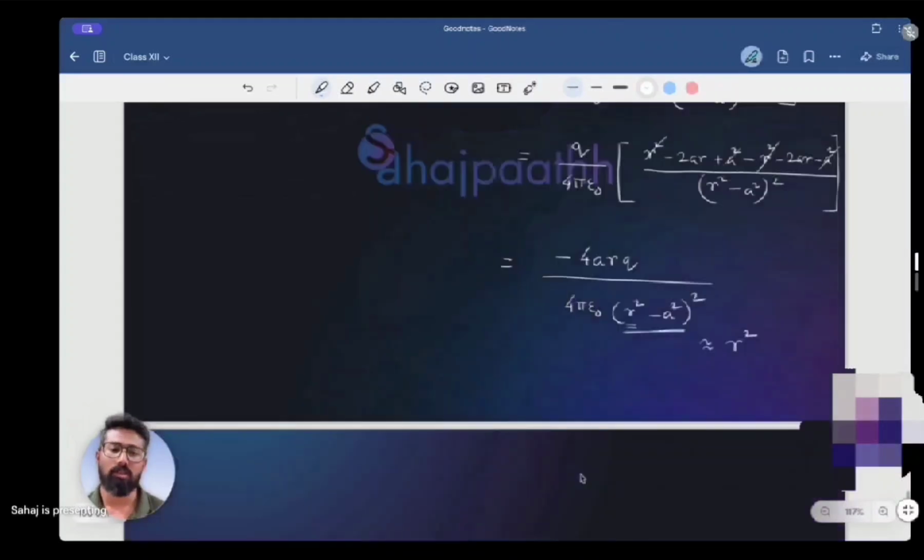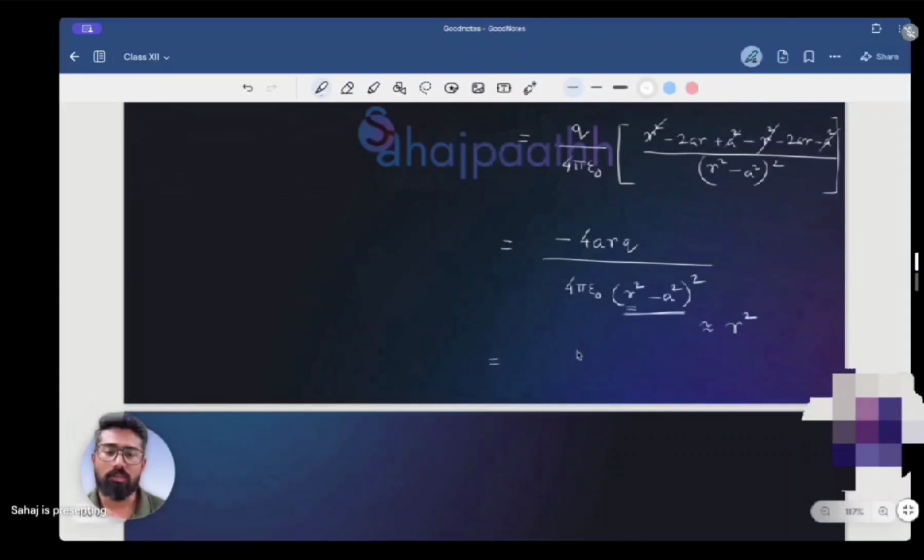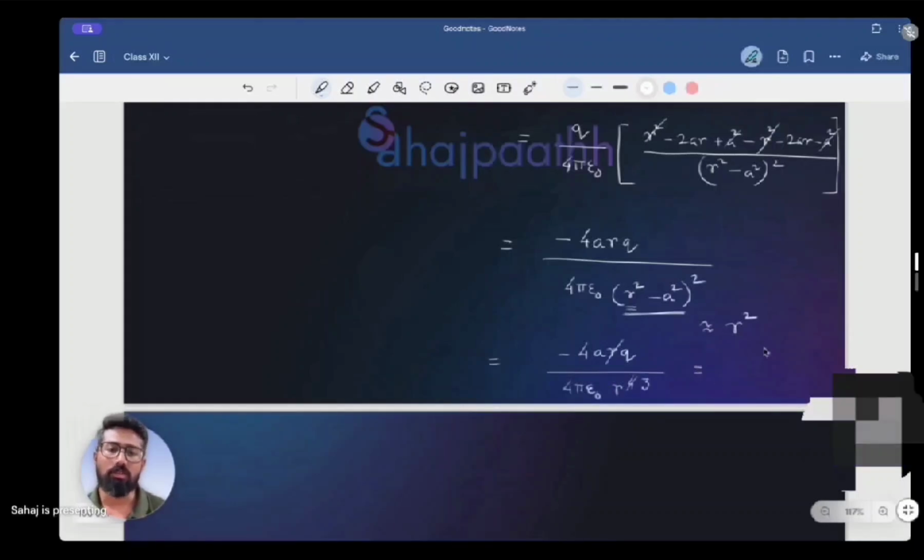So approximately this turns out to be 4ar cube q by 4 pi epsilon naught r to the fourth. And there's a cancellation. So you get your final 4aq by 4 pi epsilon naught r cube.